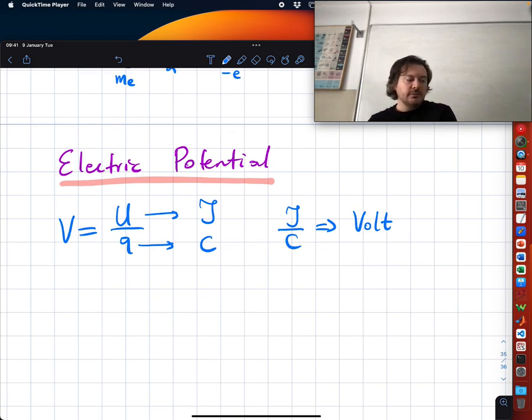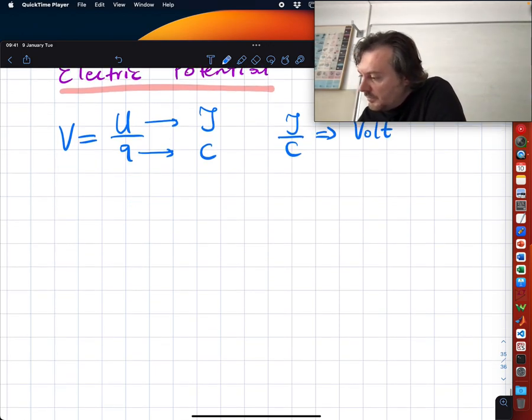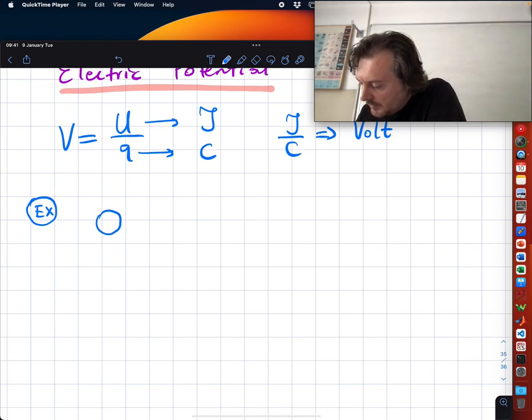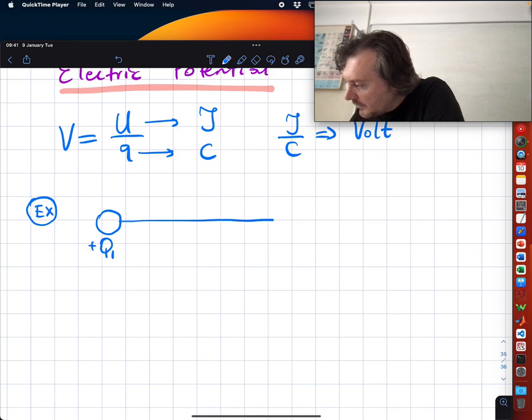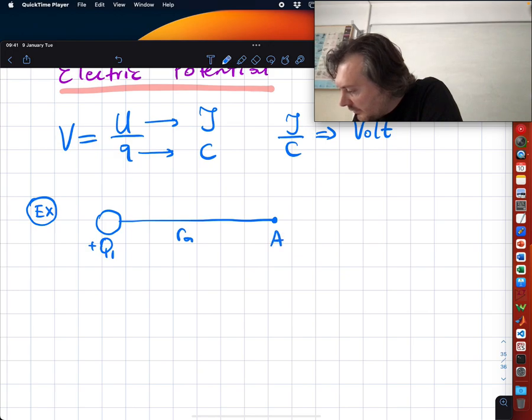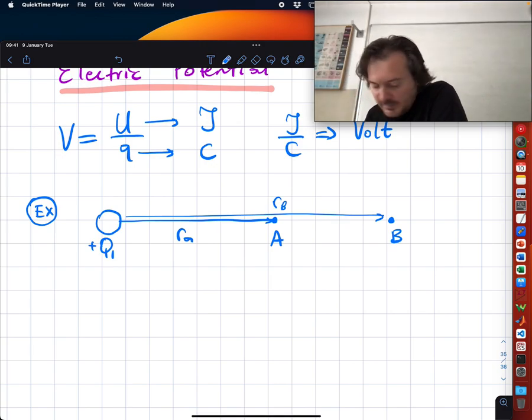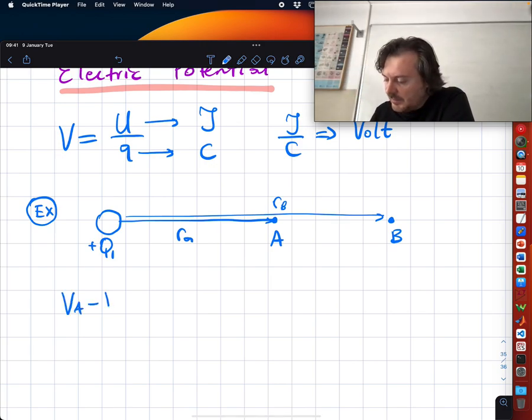Now, for example, let me have plus q1 over here, and there is a distance of RA here, and I have a point A there, and another one at B. This is RB. The question is, what is VA minus VB?